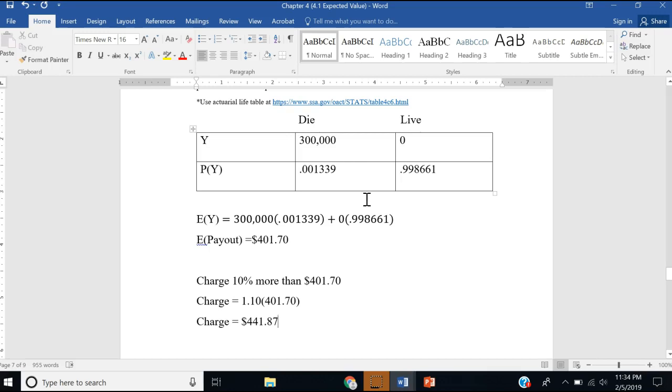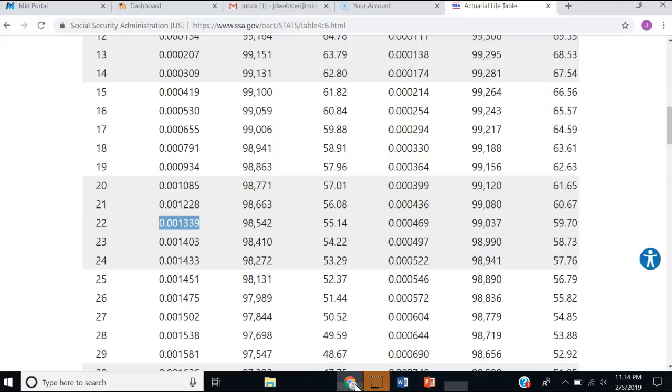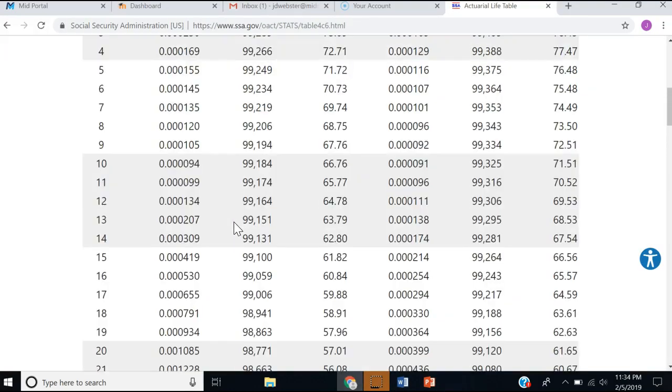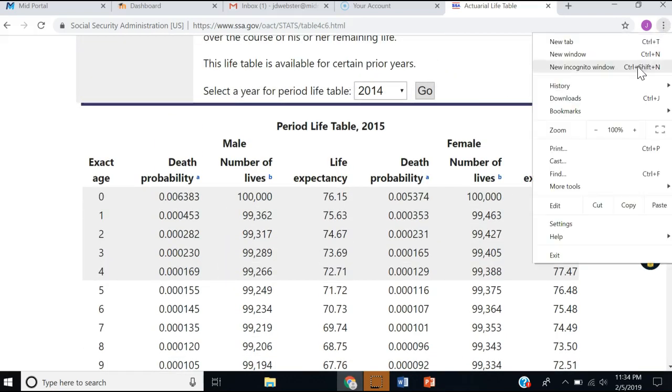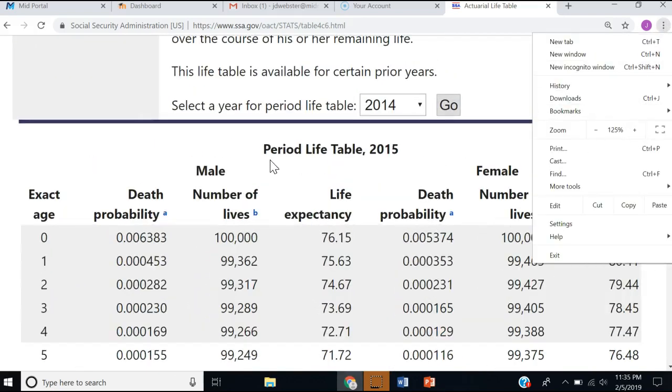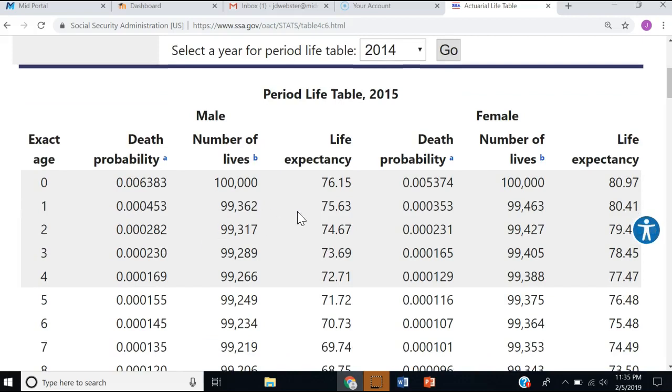First off, the probabilities, and I know I'm scrolling through these fairly quickly, but the probabilities of dying if you're a male are actually higher than the probabilities of dying if you're a female for, I believe, about every age.